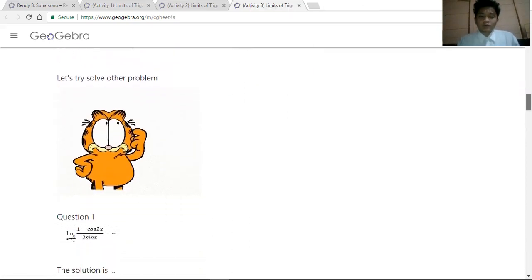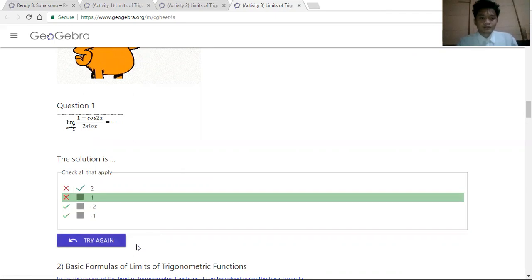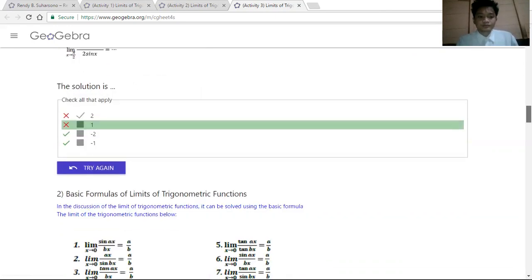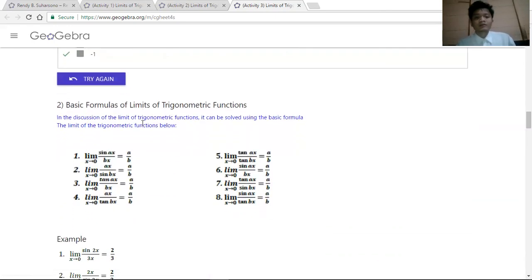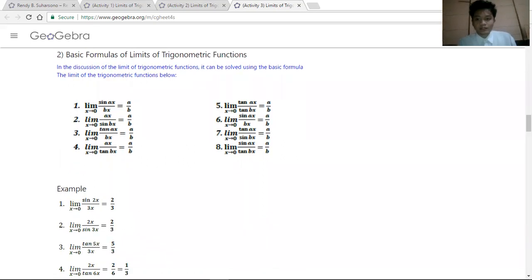Next, let's try to solve another problem. Here, question 1. The solution is, we can check the basic formula of the limit of trigonometric function. In this discussion of the limit of trigonometric function, it can be solved using the basic formula of the limit of the trigonometric function below. The basic formula, and here is the example.